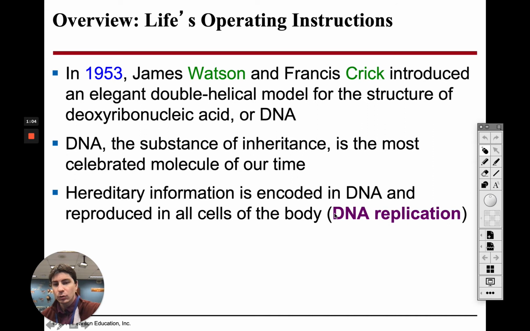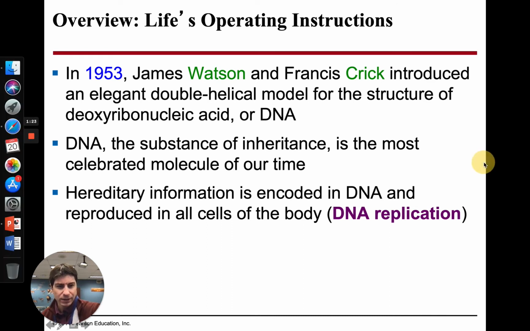So every single one of your cells has DNA. Every single cell for humans has 46 chromosomes for most people. Now, every time those cells reproduce, all of our new cells also have 46 chromosomes.